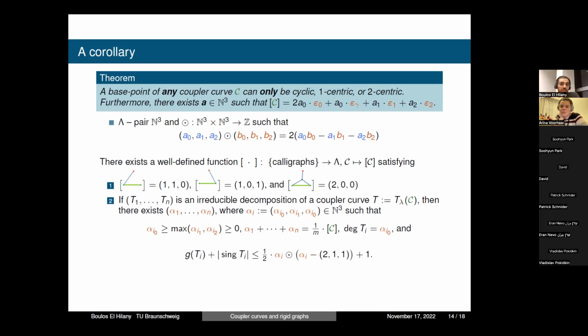So we have a fairly good description, and it can still be improved, because there's an upper bound. We conjecture that this upper bound on the number of singularities is actually an equality. But this is future work that can be improved.